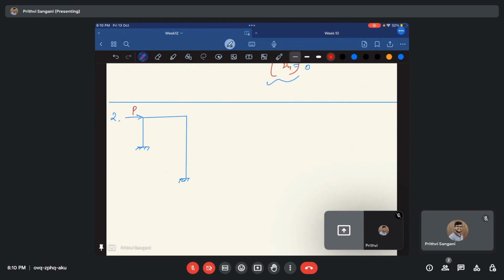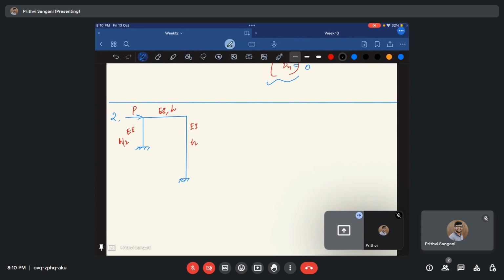The height is H by 2 with EI, and this is H with EI, and this is H.